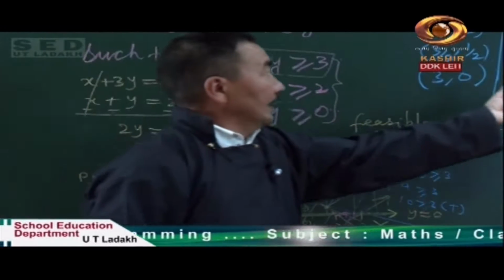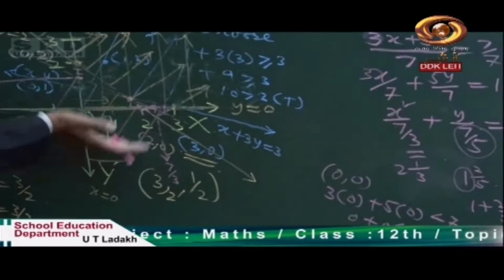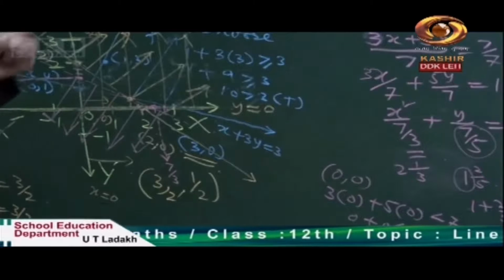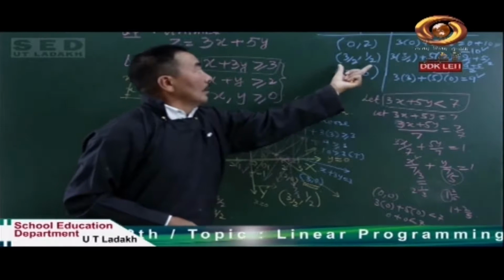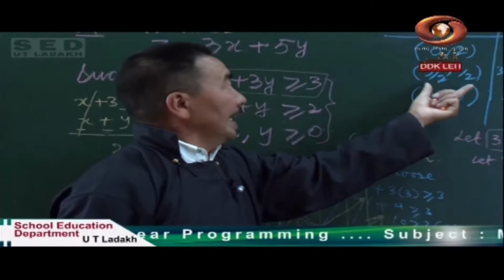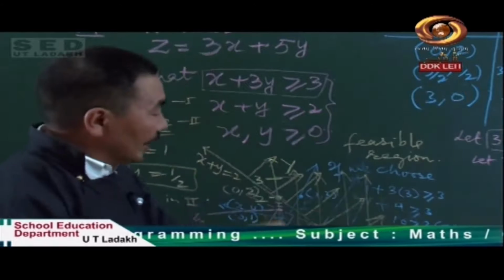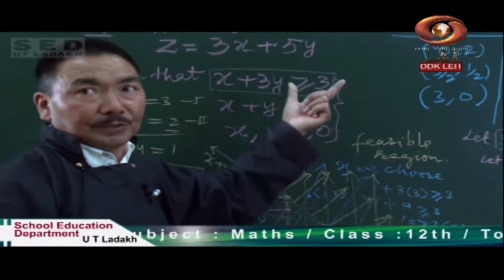There is no common point between these two regions. If there is a common point, then there will be a minimum value of the function.